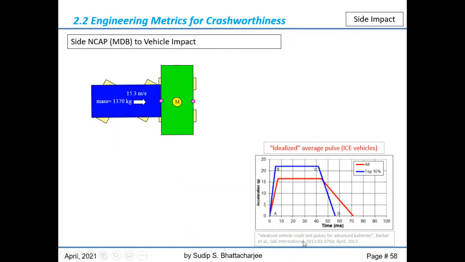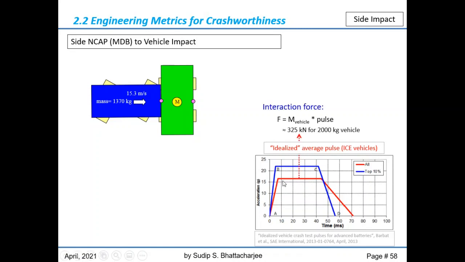So here again, the same reference I cited earlier is taking the average of the many tested vehicle accelerations and reporting what is the average acceleration it is seeing in the impacted vehicle, and also the top 10% response, in case you want to use those things for some future engineering calculations to understand what we are designing it for.